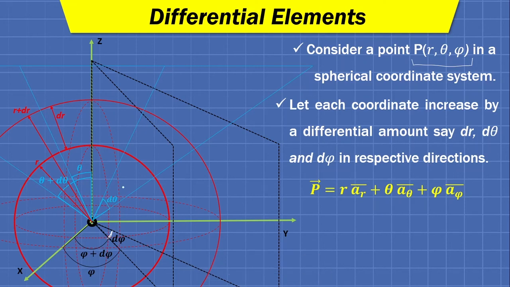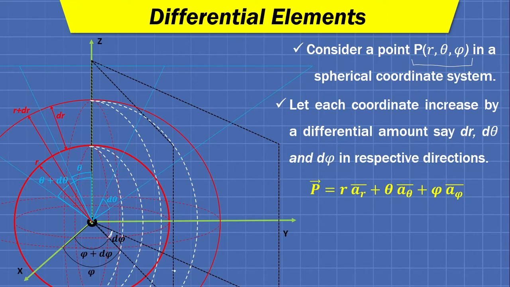Now the intersection of these two planes and these two spheres will be 4 half circles.